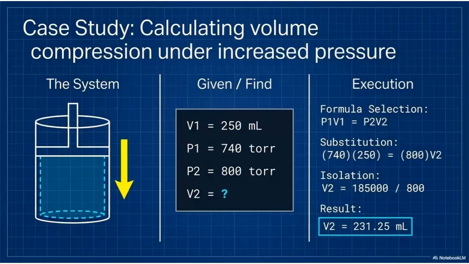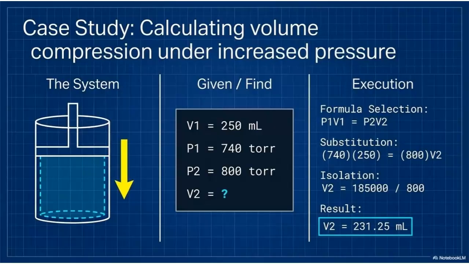And then it's just a matter of substituting. One thing that I like saying is that when you're deciding what's V1, P1, V2, P2, it doesn't matter what you call them, as long as you keep the set of pressure and volume together. It usually says the volume at this pressure is, so you know those two go together. As long as you keep them together, you'll be able to substitute correctly in the equation.